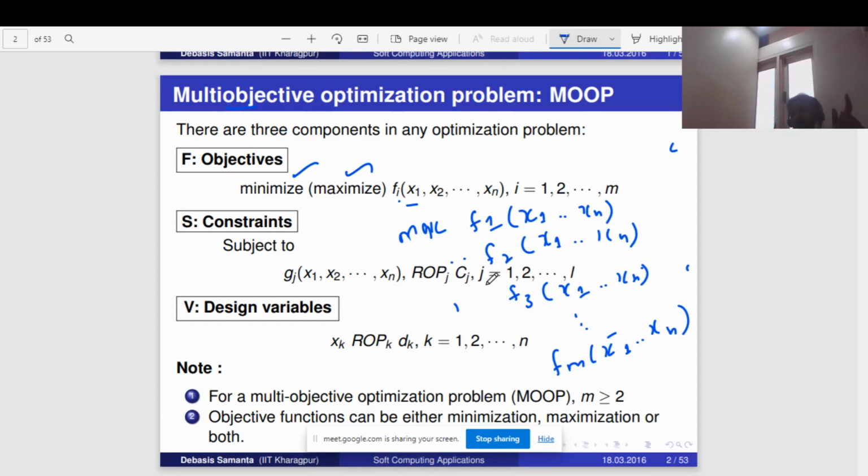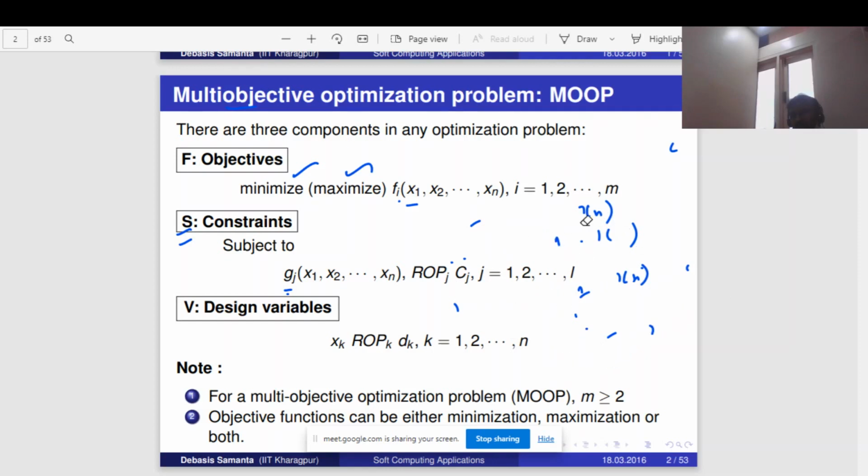But in the case of a single objective optimization problem, we have only one objective function. Also there will be many constraints. For each of the functions there will be a different constraint, gj, and all these design variables. This constraint normally works against some constant with a ROP, a relational operator.